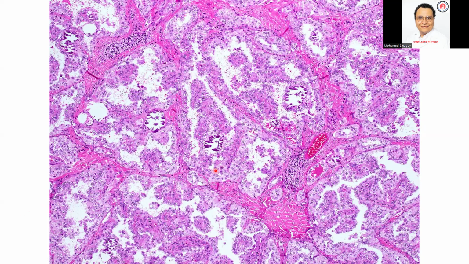Nuclear. Okay. I need you to tell me like 2 out of the 6. Grooving, irregular contouring, which is asymmetry. Overlapping. Okay, good. Pseudo inclusions. Okay. What else?